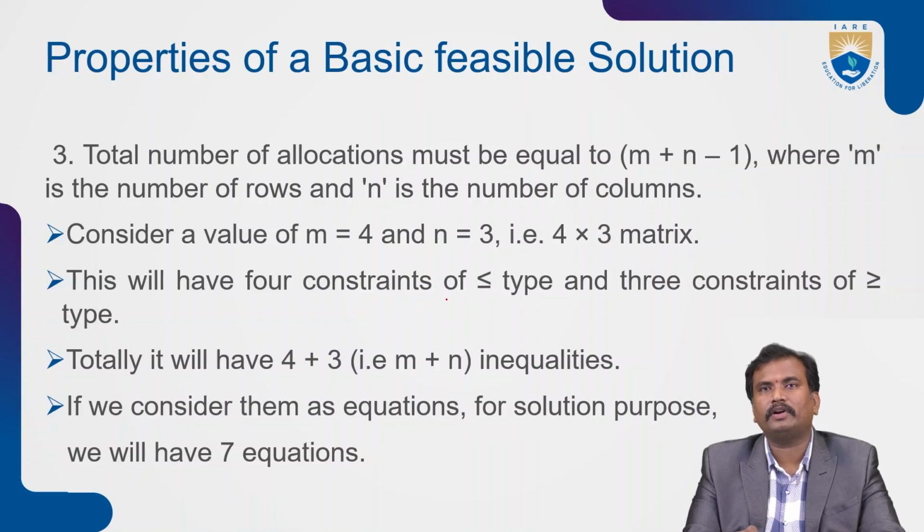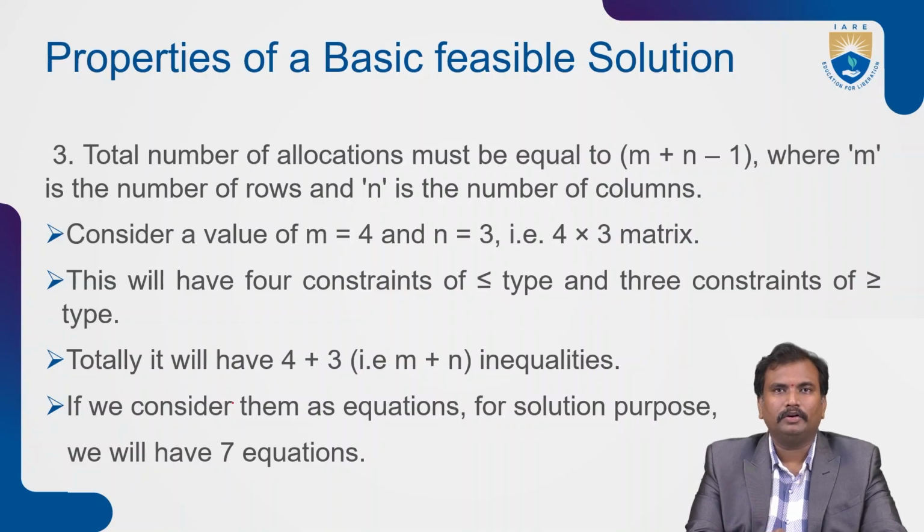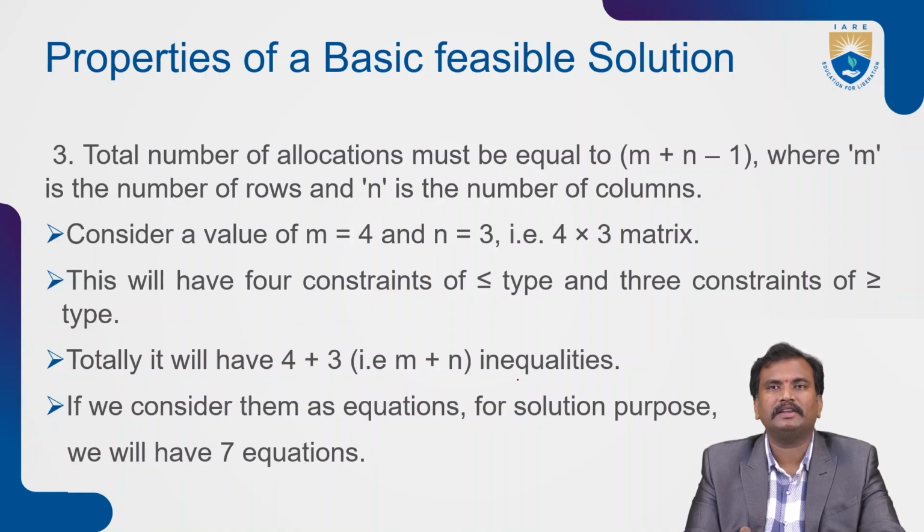This will have 4 constraints of less than or equal to type and 3 constraints of greater than or equal to type. That is 4 plus 3, m plus n, total 7 inequalities. If we consider them as equations for solution purposes, we will have 7 equations.